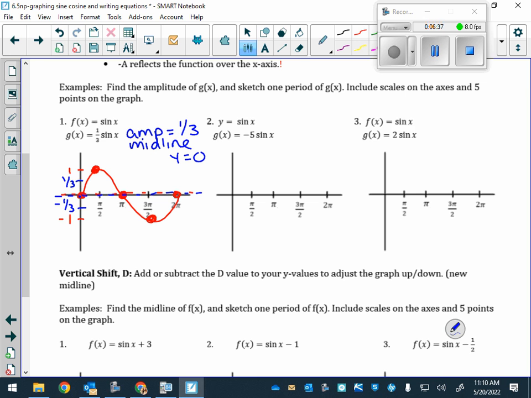No, careful. Still at 0. Then pi over 2, where will I be? 1/3 pi. Okay, 3 pi over 2. And then 2 pi. So, again, same trend. However, what did we have?